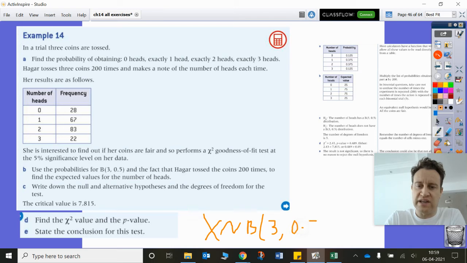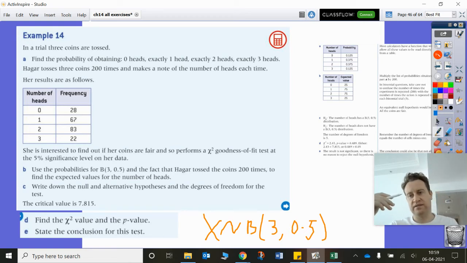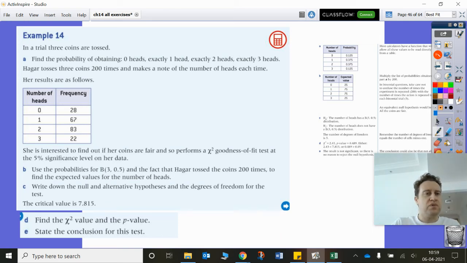So 3 and then 0.5. So that's n and that's p on your binomial distribution. We could work out our probabilities by doing that on the calculator, but in fact it's simpler than that. Okay, right. So then those are the results.